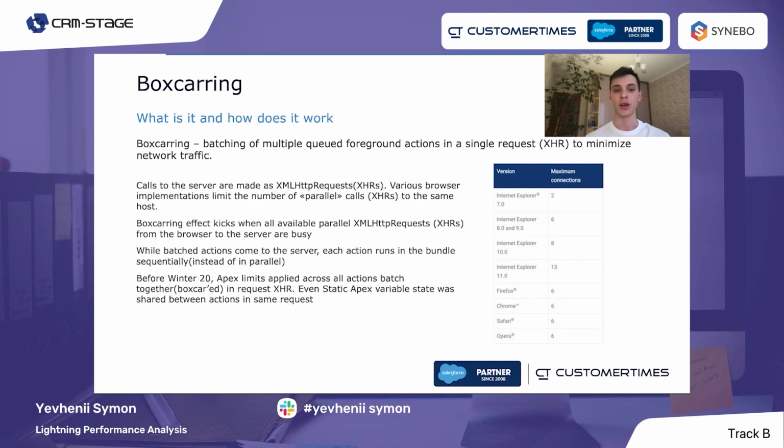one XHR. When these requests are batched together, they are coming to the server together, and each action runs in the bundle sequentially instead of in parallel. And it means that if you have 5 requests batched together, which usually take, for example, 1 second to get the result from the server, the response for this batch will be 5 seconds.